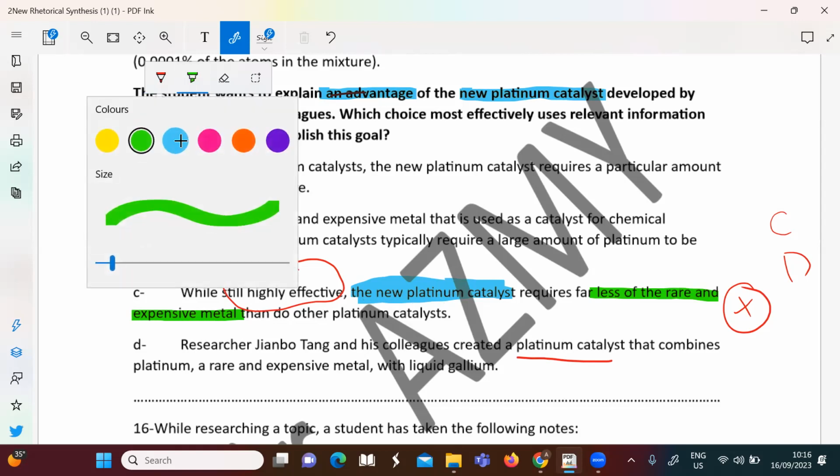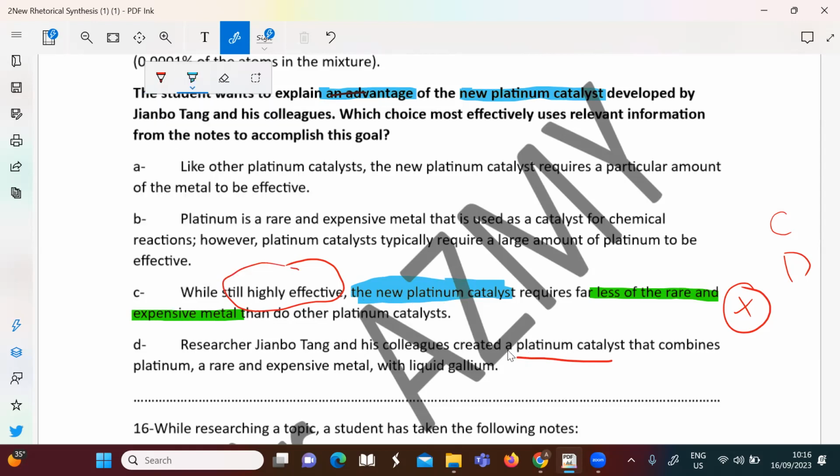What's the difference between this and this? Are they the same? No. What's the difference? It's new. Very good. Not any catalyst. This is any platinum catalyst. Here, new platinum catalyst. We pay attention to the adjectives, guys.